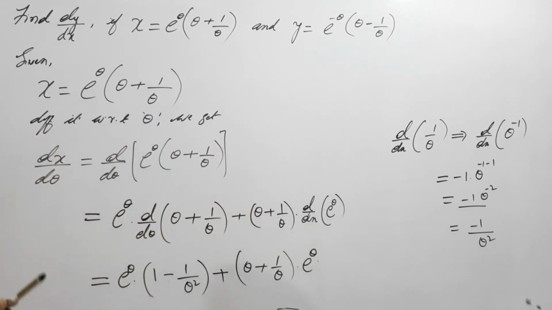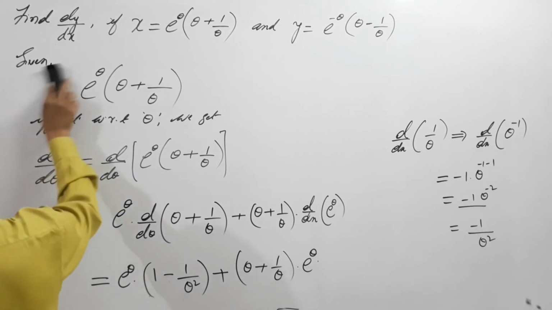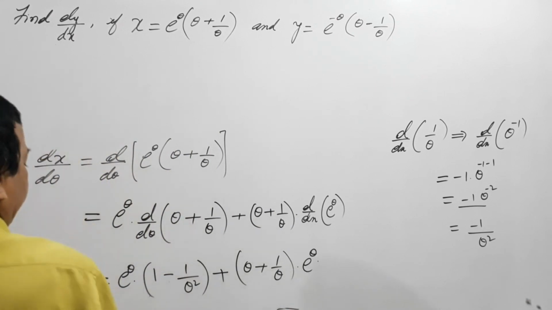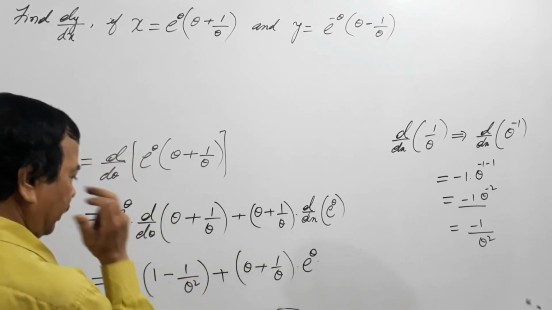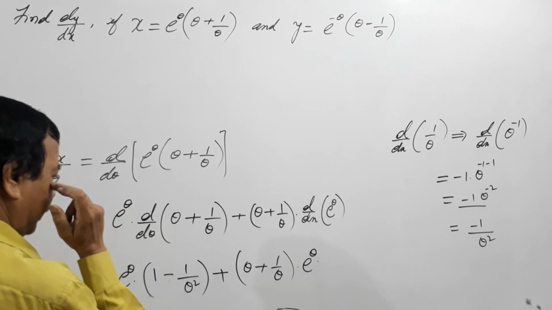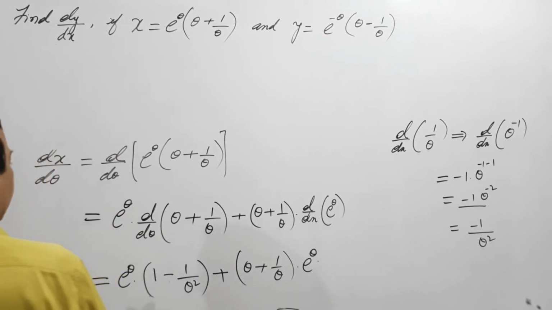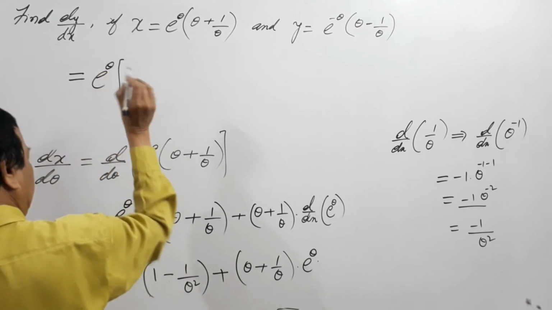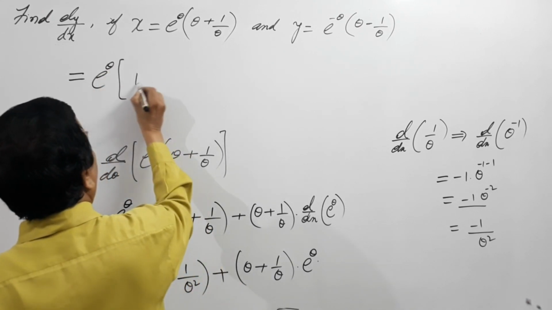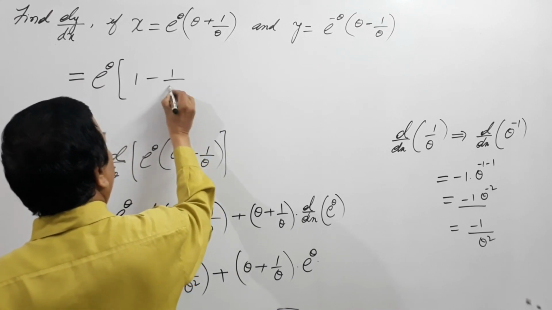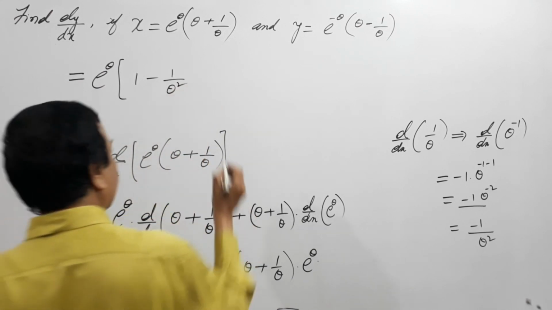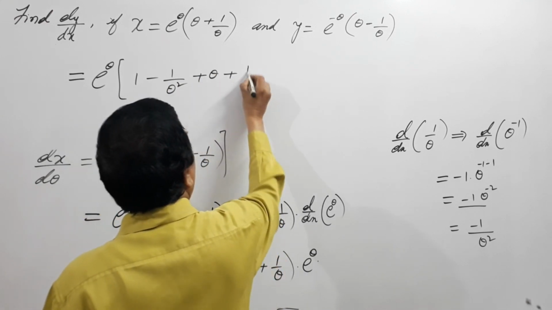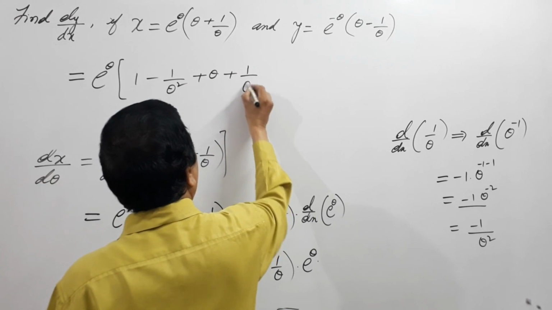So let's simplify this. I'll take e to the power of theta common. This becomes 1 minus 1 by theta square plus theta plus 1 by theta.